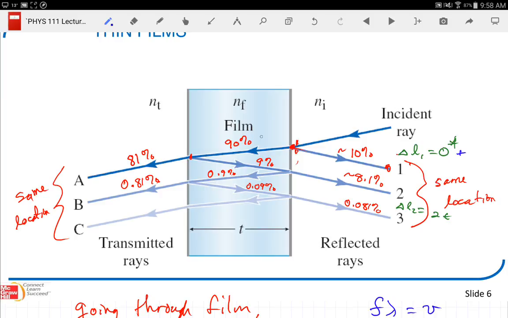So going from air to my film, it's slowed down going to the film, so I'm going to have plus 1/2 wavelength because of the reflection causing a 1/2 wavelength shift. Now this one also reflected, but it went from slower to faster.